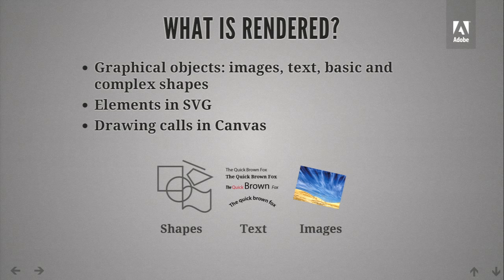All those are the type of objects you can render. And then text and images. Images being raster images or even vector images in some cases. But those are the basic three graphical objects you deal with in a 2D API context.